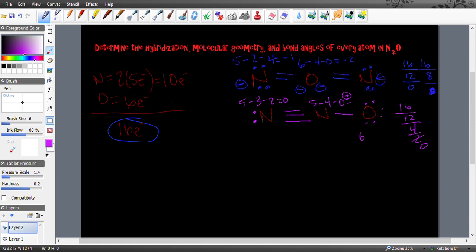And then 6 minus 1 minus 6 equals negative 1. So we'll have a, sorry, I'm going to do a different color. We'll have a negative charge here and a positive charge here. And it works out to neutral, right? So that's our structure.